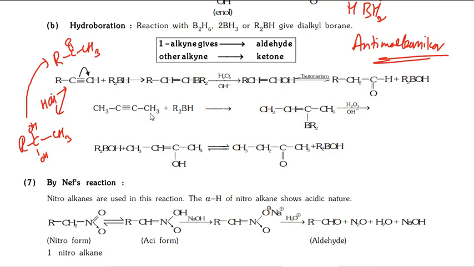So ketone is forming. Okay, but if you take hydroboration, or R2BH, you will get the anti-Markovnikov product, that means you will get aldehyde. See here, H is the minus, this part is plus. So generally H is plus, so the H is attacking where more number of hydrogens are there.